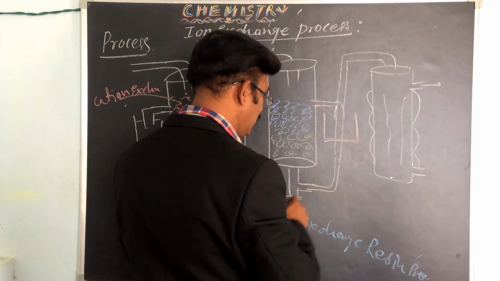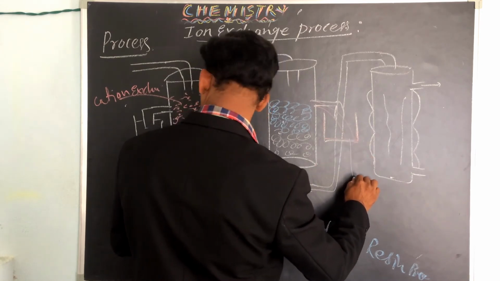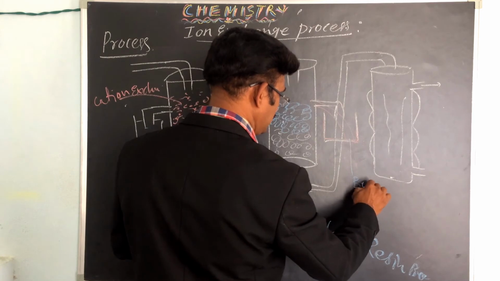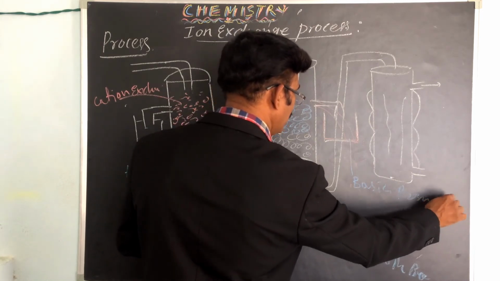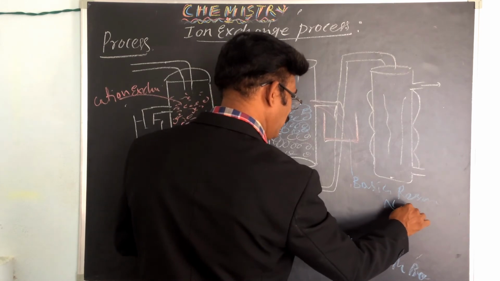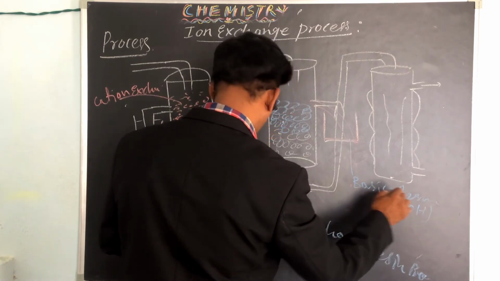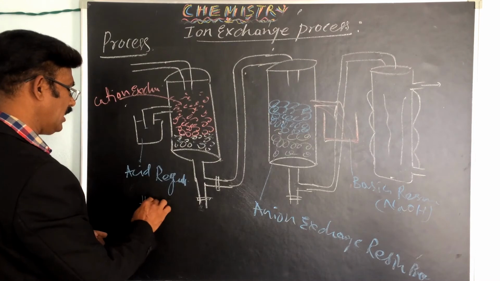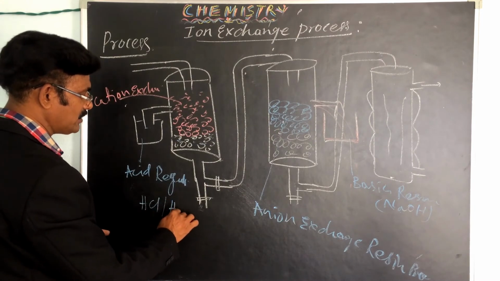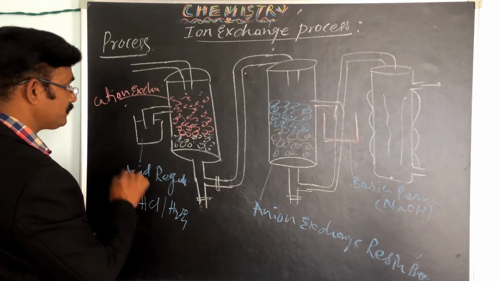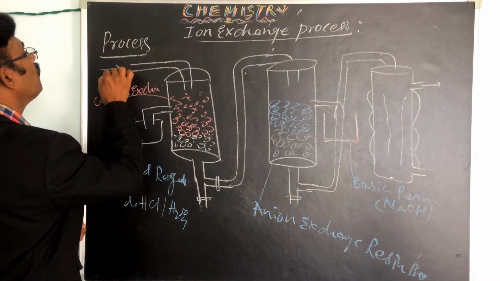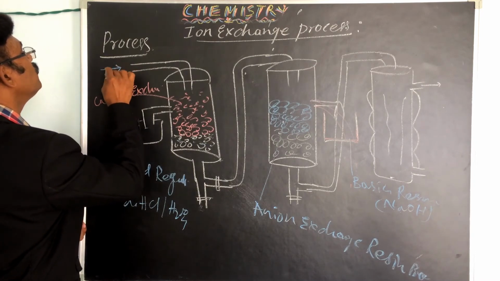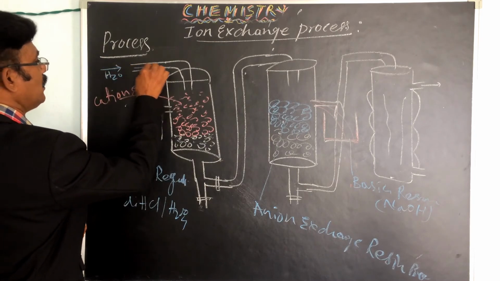This tank is the basic regeneration tank, where you have to use sodium hydroxide. Here we use dilute HCl or dilute sulfuric acid. And now the raw water, H2O, is coming like this.